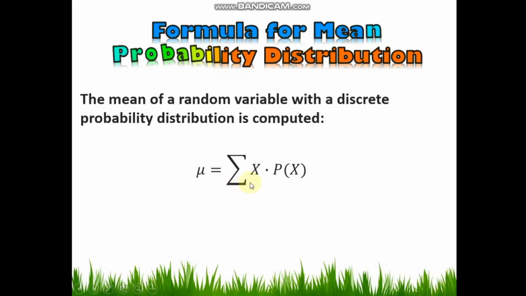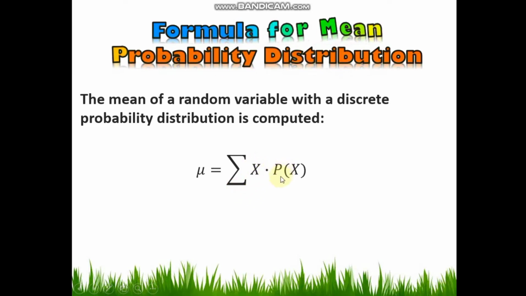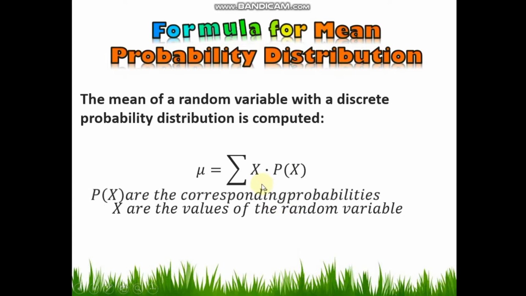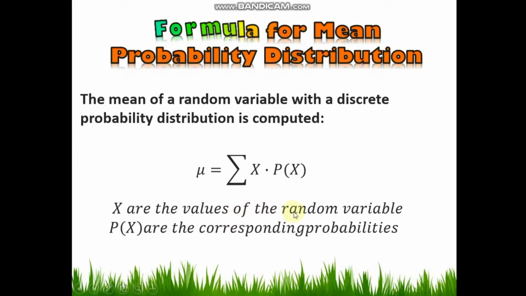Summation of the product of your random variable and the probability of your random variable. The summation of x times p of x.